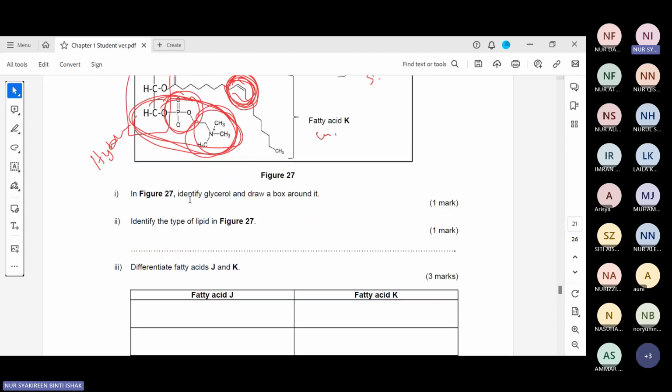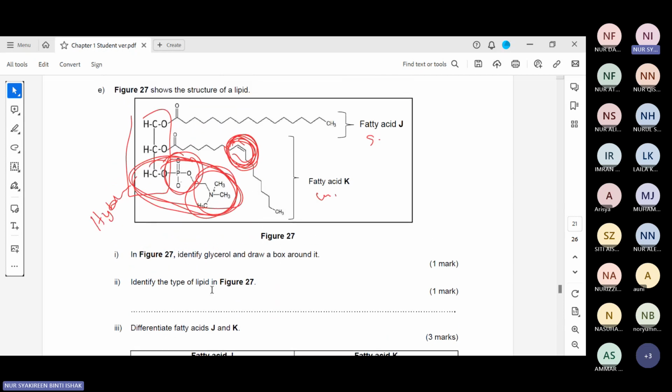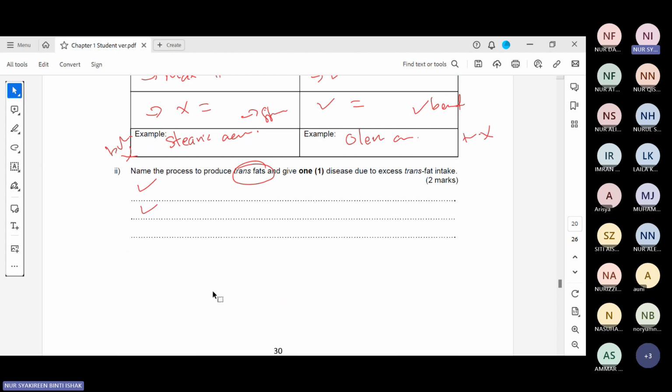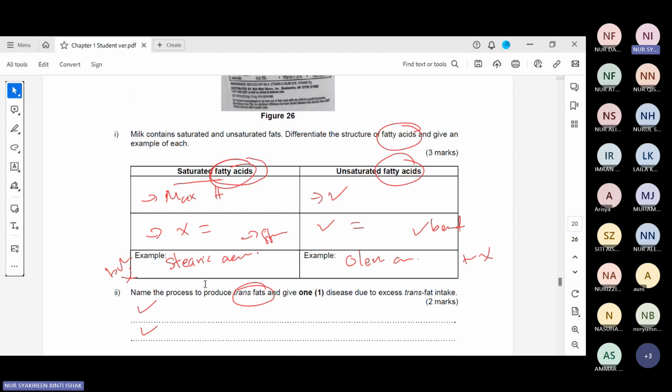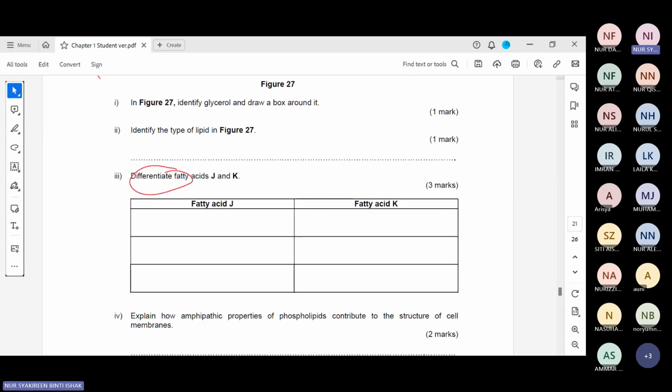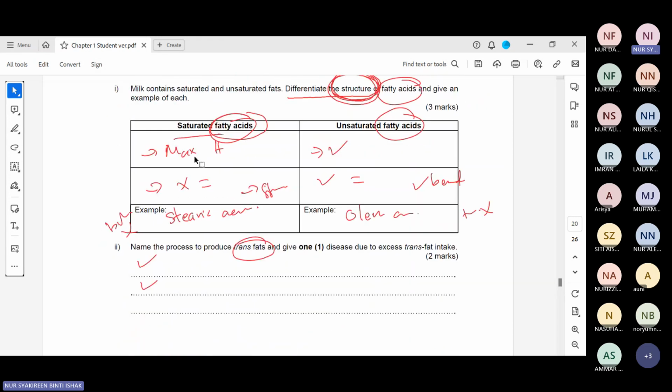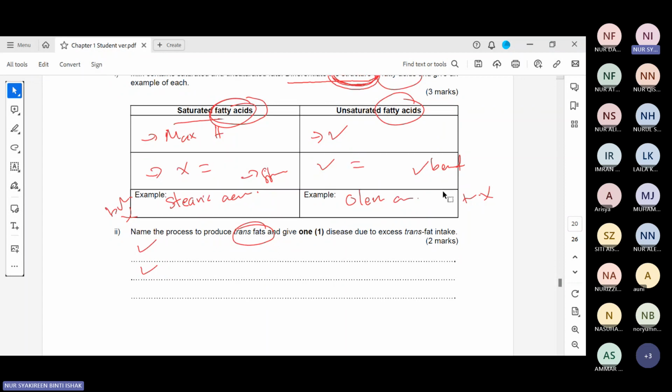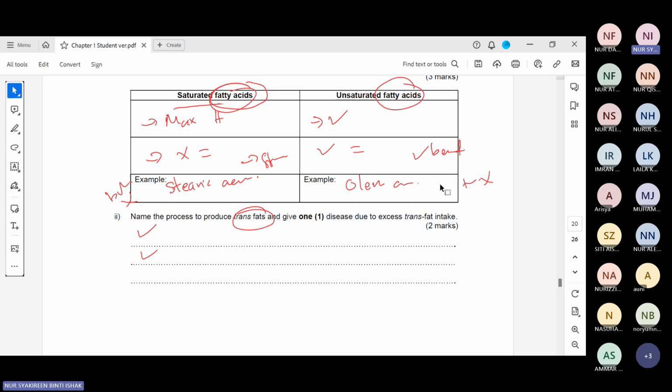So you have to differentiate between saturated and unsaturated like the earlier question. I just want to emphasize that you must look at whether the question wants the difference in terms of structure only. This question is general, not specific to structure. So the answer above you can apply: maximum number of hydrogen atoms, can accept one or more hydrogen atoms, doesn't have any double bond, has double bond, straight molecule, bent molecule. It's the same.